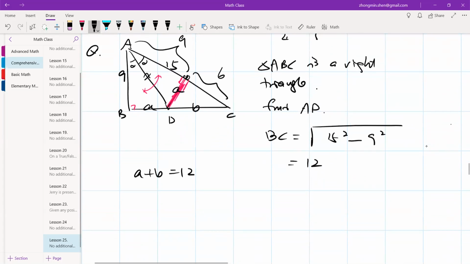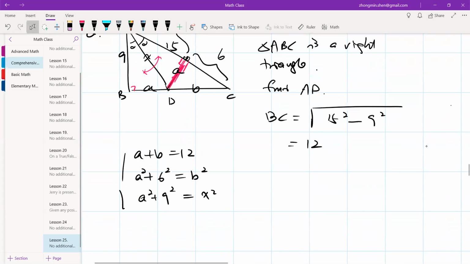For the second, you need 3 equations because there are 3 unknowns: x, A, and B. So A squared plus 6 squared equals B squared. Another equation is A squared plus 9 squared equals x squared. Now you have 3 equations, 3 unknowns, so you're able to solve. This becomes an algebraic problem.